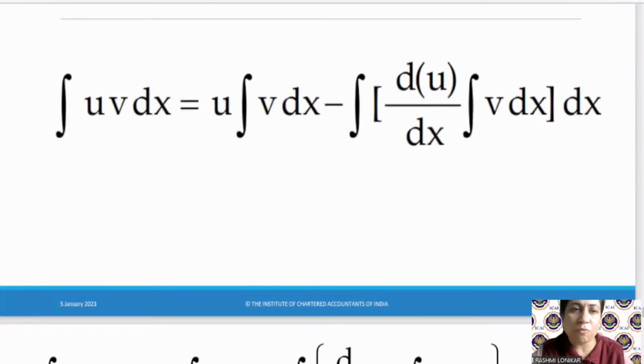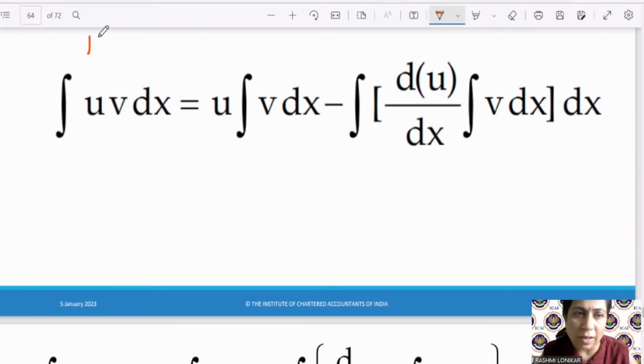Okay, integration by parts also I will just revise. Whenever I have the integration of a multiplication of two functions, I will choose u and v according to the rule ILATE. But for us, only LA is important because we are not dealing with trigonometry. So logarithmic, then algebraic, and then exponential.